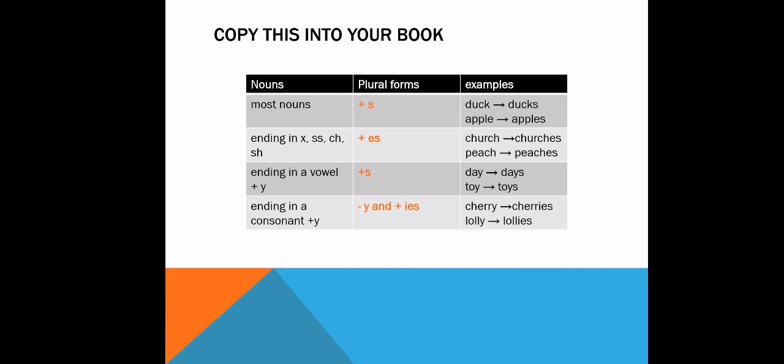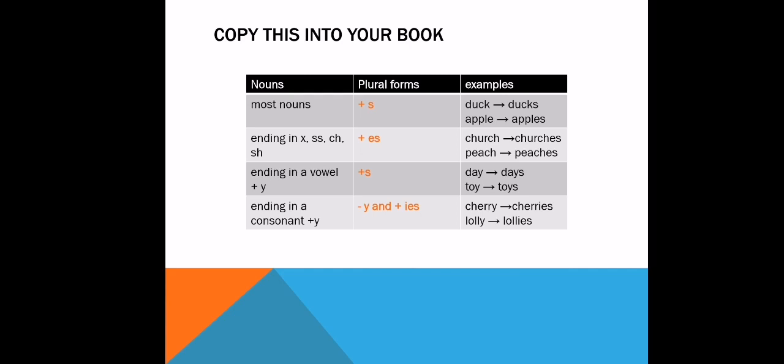But if you can see here, words ending in a consonant plus y. For example here, the word cherry. Before the letter y, you see the letter r. R is a consonant, which is usually a letter that is not a vowel, not in a, e, i, o, u.